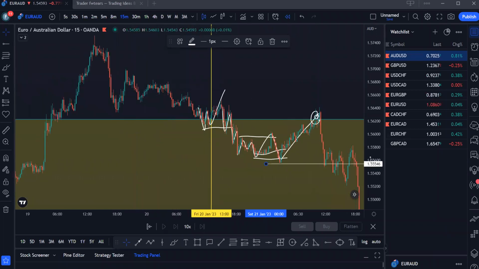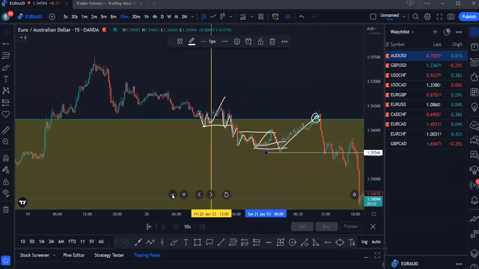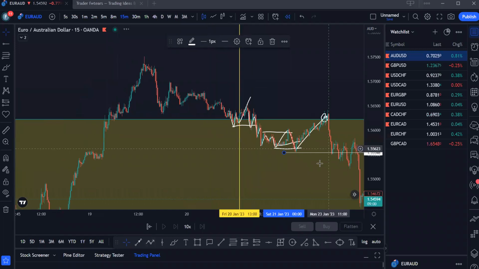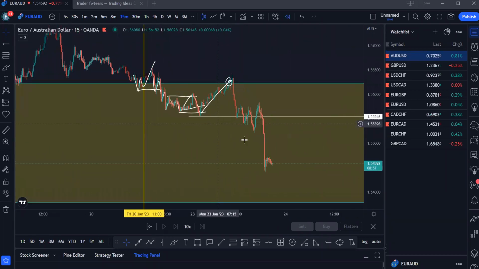So what you should do, guys, very quickly on Euro AUD on 15 minutes is look for this bearish order flow to switch to a bullish order flow. Price right now is in a downtrend.